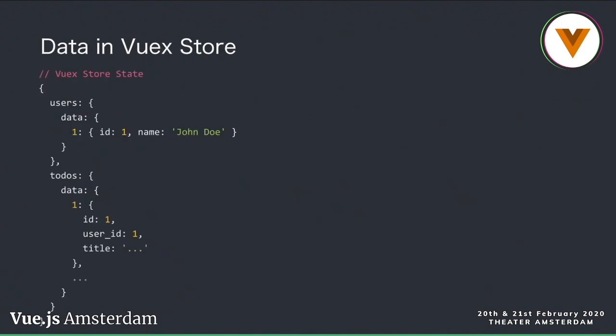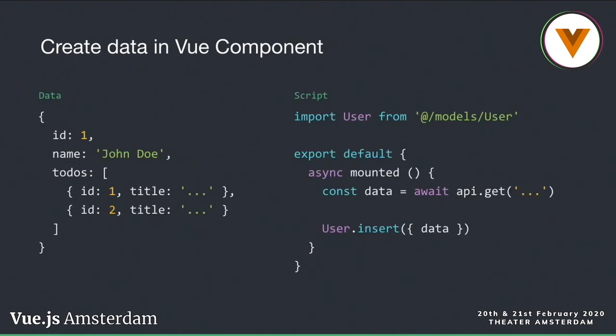And again, inside the Vuex store, if you create any nested data, we're going to flatten out everything. We're going to decouple, deduplicate the data, and store it separately on the Vuex store state. And now here, you can see that, remember, in this data object, the to-dos didn't have a foreign key.